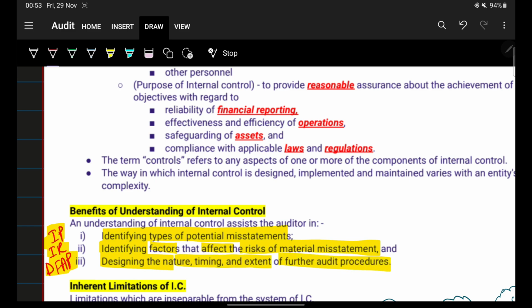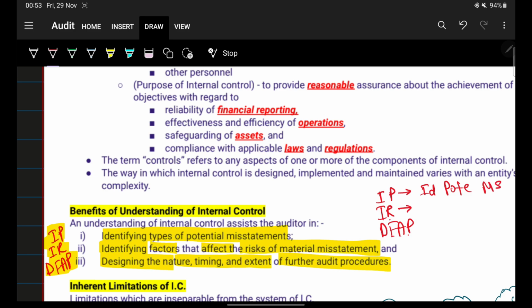Like I said, firstly is IP, IR, and DFAB. FAP is further audit procedures. Firstly, it is identifying potential misstatements.